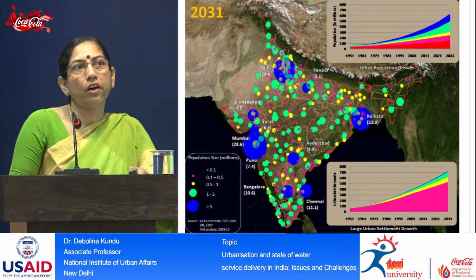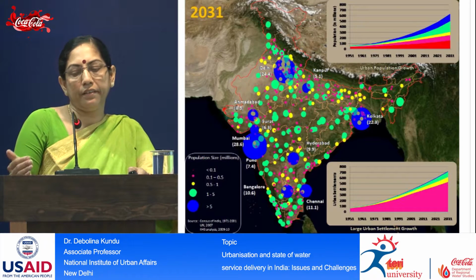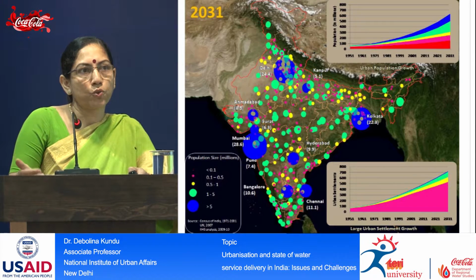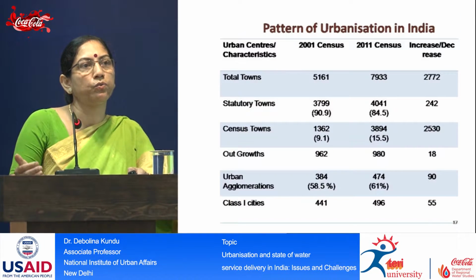We are not allowing the poor to enter the cities. It's not that there's some policeman at the entry, but the cost of living is so high, which means housing, basic amenities including water, that the poor are unable to find a foothold.